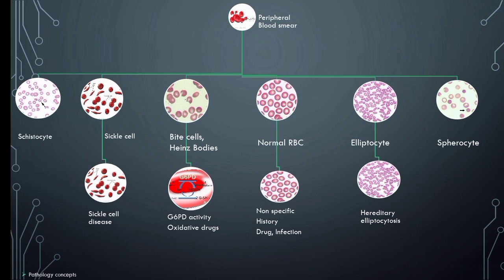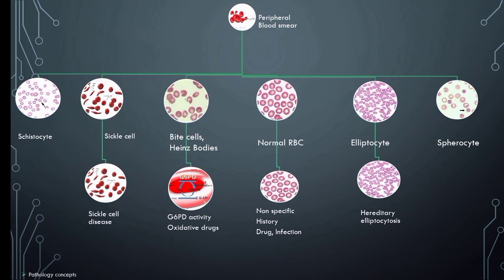In the deoxygenated state, it is known as sickle cell, which leads to hemolysis. And oxidative stress leads to cell membrane damage, which also leads to hemolysis. The diagnosis of sickle cell disease is done by HB electrophoresis and by molecular testing.